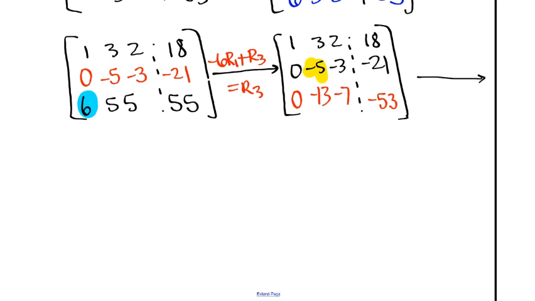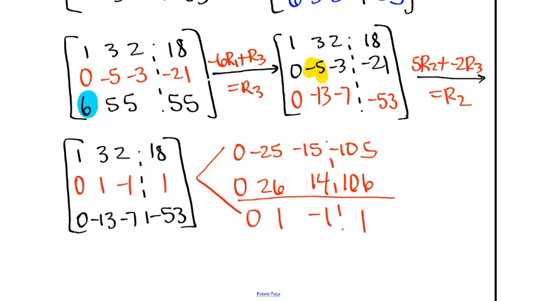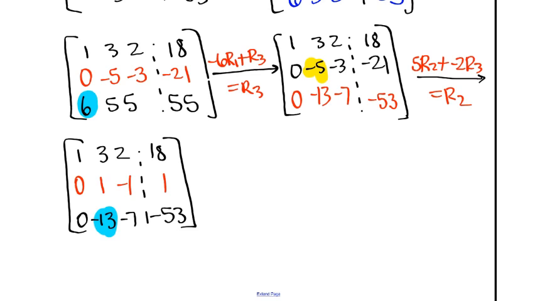So we can multiply 2 rows by a different number. Let's try this. Miraculously, we get something as simple as 0, 1, -1, and 1. So then next I want this -13 to go ahead and be a 0.